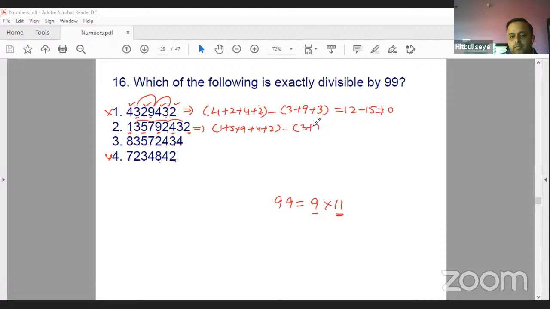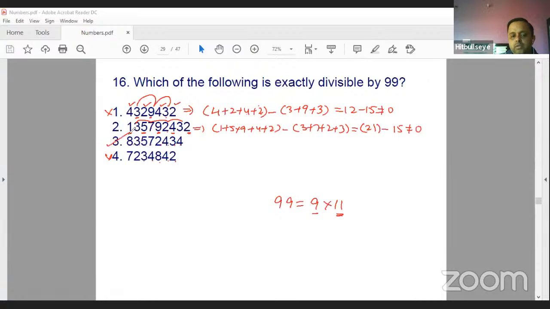So 3 plus 7 plus 2 plus 3. So this will be 21 minus 15. The difference is 6, again not 0 and not a multiple of 11. So this number is again not divisible by 11.